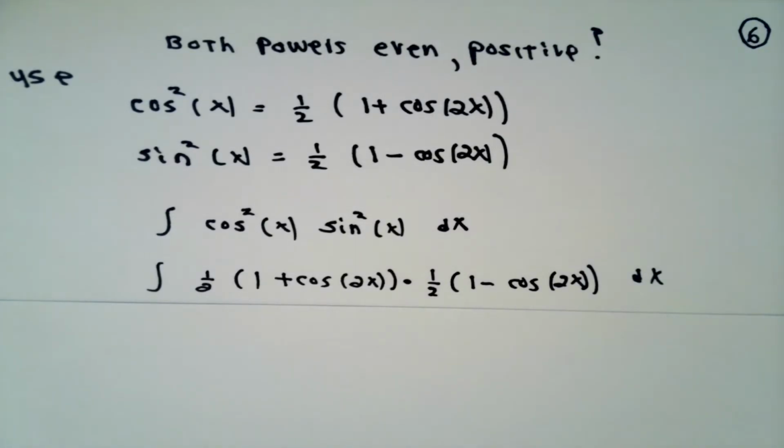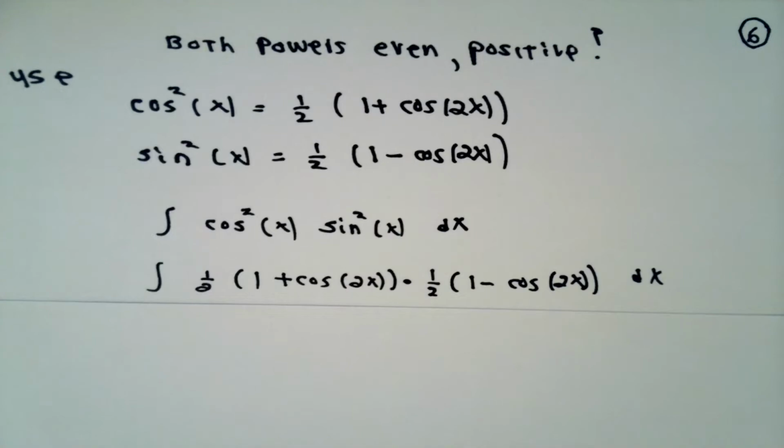Writing in what we know cosine squared x and sine squared of x to be, we get the integral of half of 1 plus cosine 2x multiplied by 1/2, 1 minus cosine 2x.